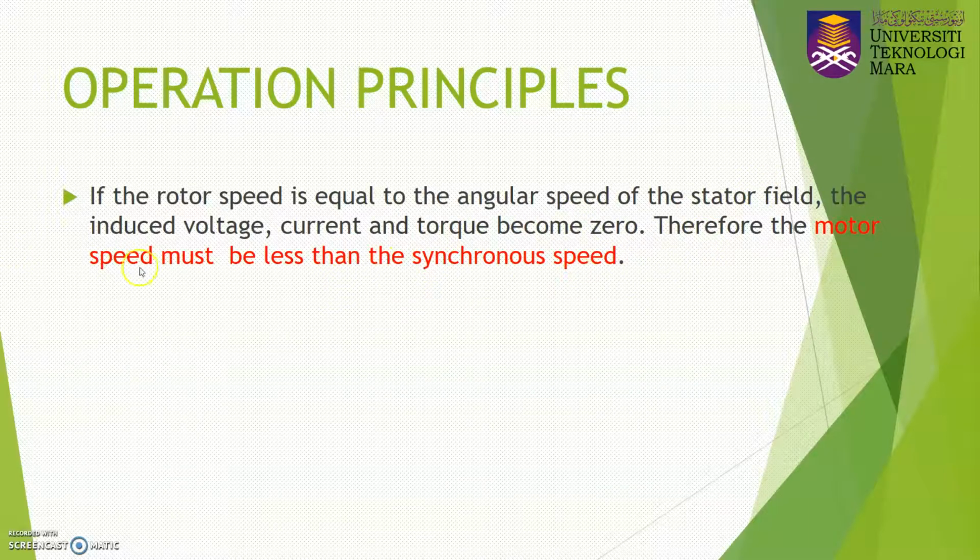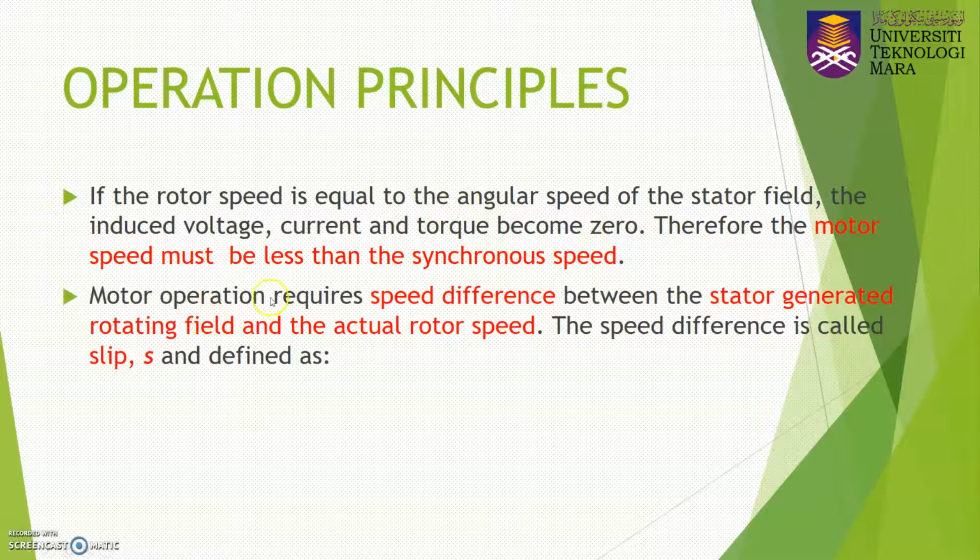It cannot be equal, because then the induced voltage, the induced current, and the torque will become zero. Motor operation requires a speed difference between the stator-generated rotating field and the actual rotor speed, which we call slip. Slip is defined by this equation: S equals Ns minus Nr, divided by Ns.